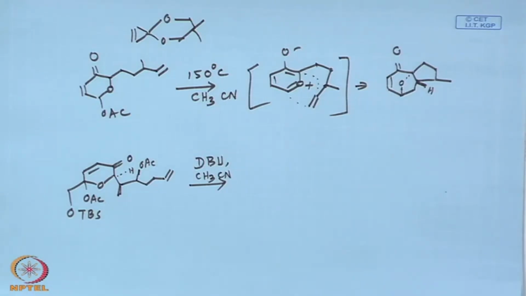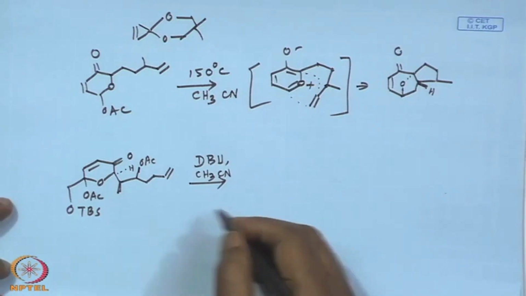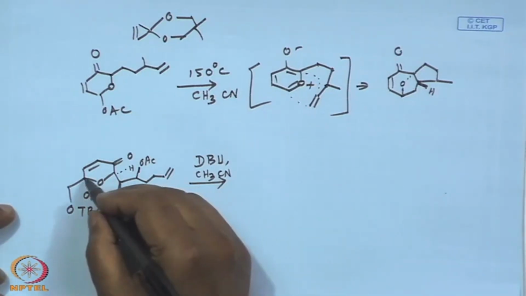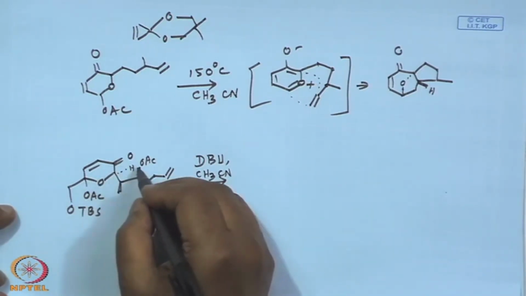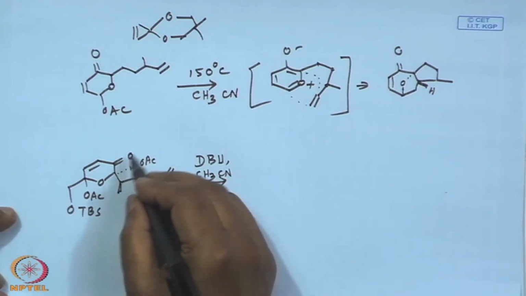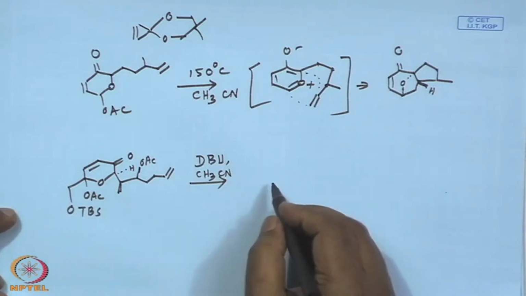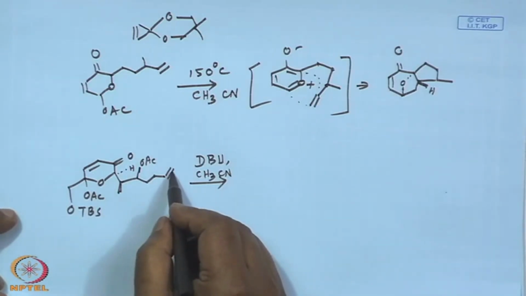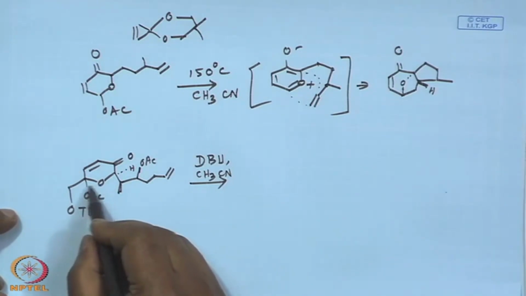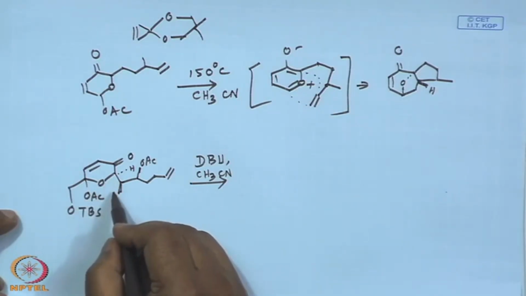So, just a strong base in place of triethylamine. What do you get? Like the previous example, you will get the loss of acetate and the formation of a carbanion, which leads to this oxido system, and then brings this double bond adjacent to the oxygen and attaches it across this double bond.